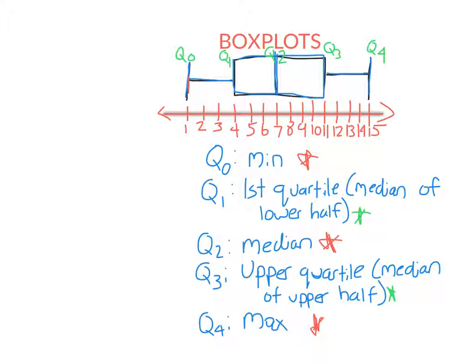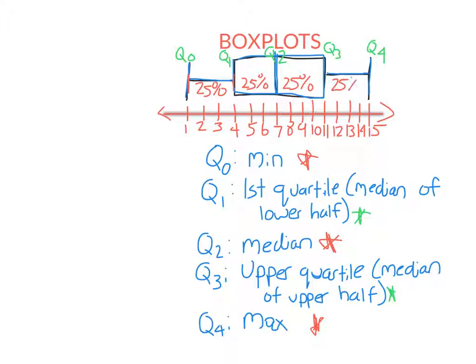So from the minimum to Q1 is supposed to be 25% of the data. I say supposed to be, it's not always exactly 25% of the scores, but it's close enough. So between Q1, first quartile, and the median is another 25%. And then in this section between Q2 and Q3, another 25%.